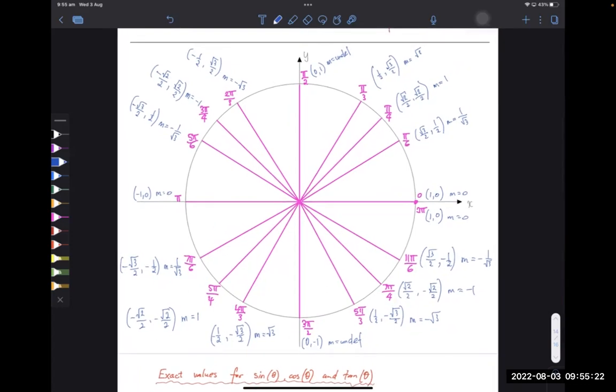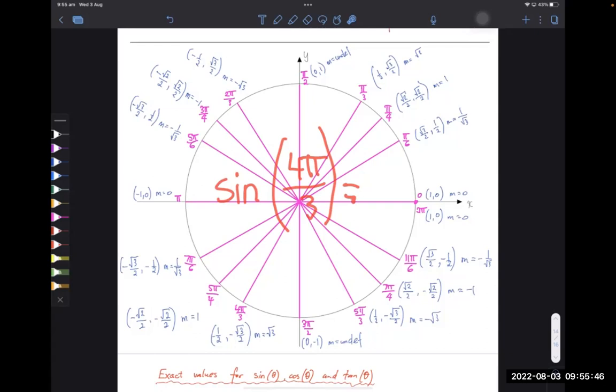Now, looking at this unit circle here, I'm going to test you now. What is sine? Write it on your paper. What is sine of 4 pi on 3? Sine of 4 pi on 3.